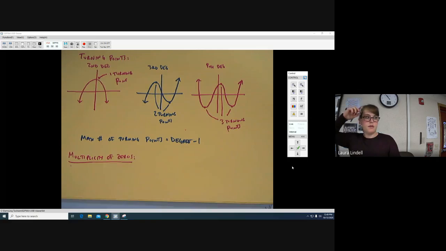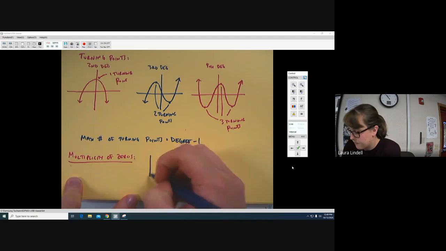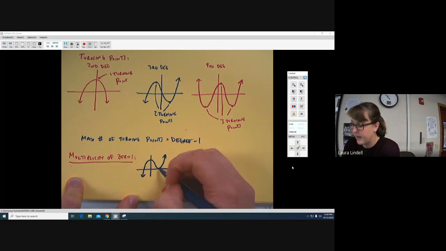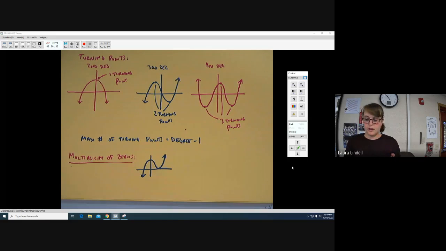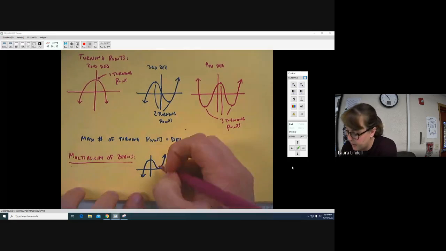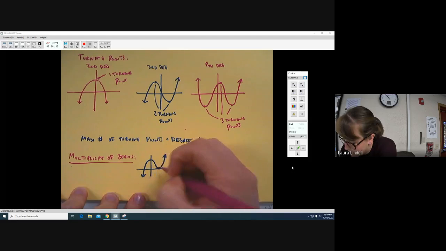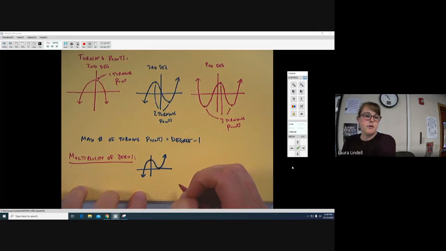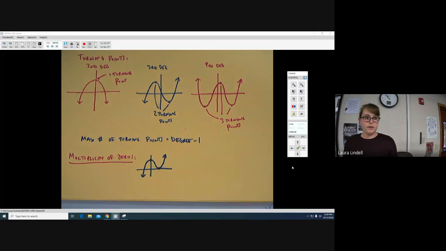Sometimes there's a case in your function where it touches the x-axis and then continues in the positive direction. So it touches the x-axis at a turning point. When it touches the x-axis at a turning point, that zero counts for more than one time of being a zero. That's what multiplicity is.